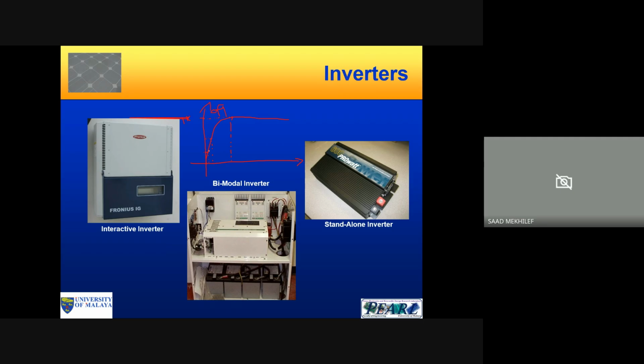Why? Because when we see 1 kilowatt peak, that peak is only achievable under lab conditions, as in the data sheet of the PV panels, where we have the IMP, VMP, VOC, ISC.